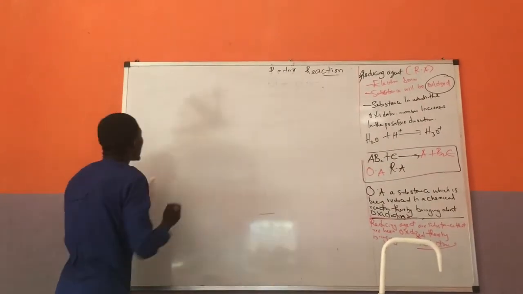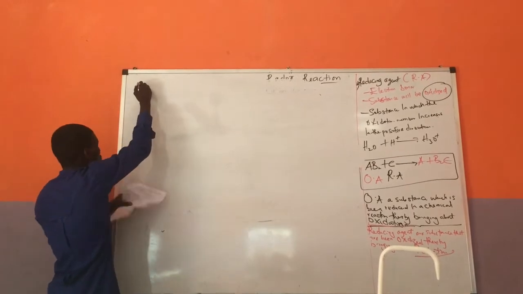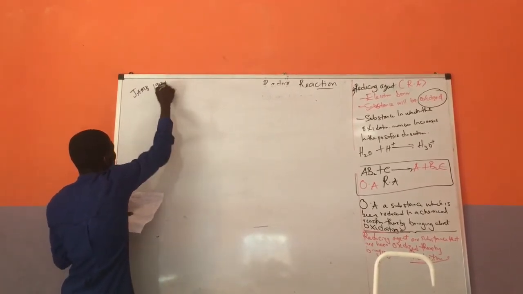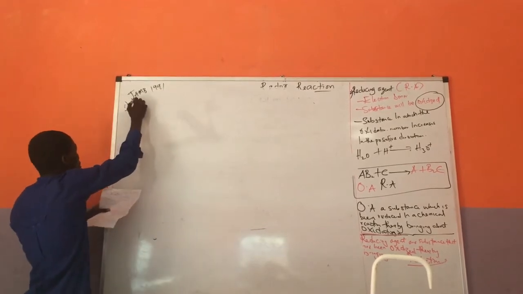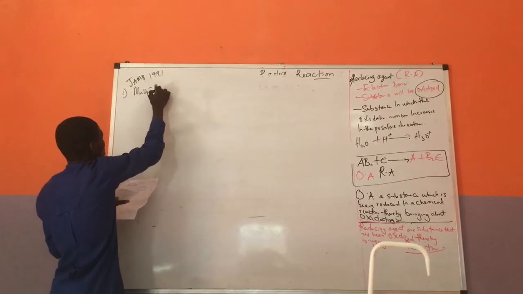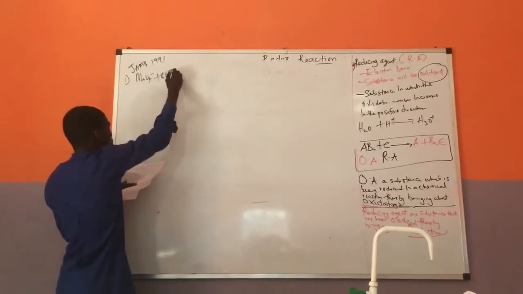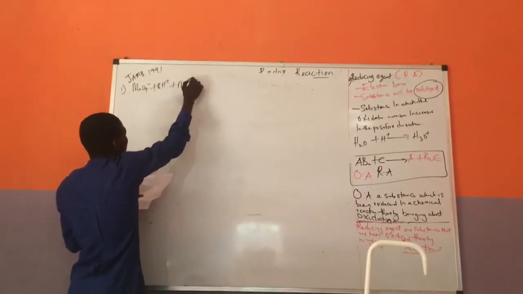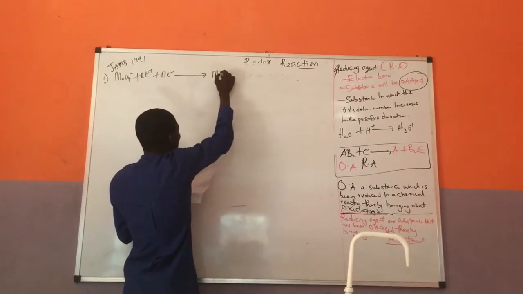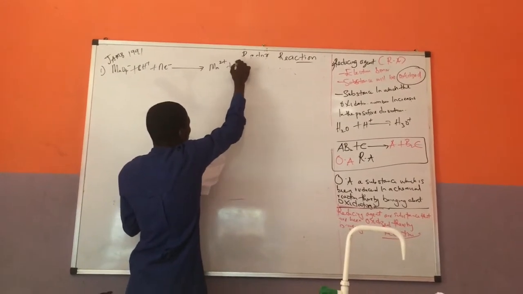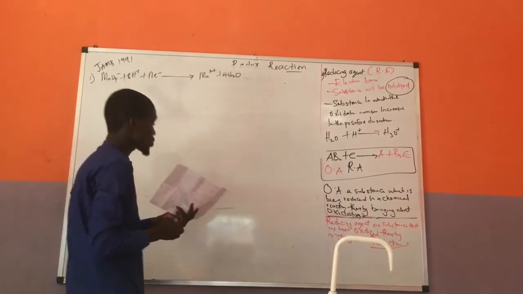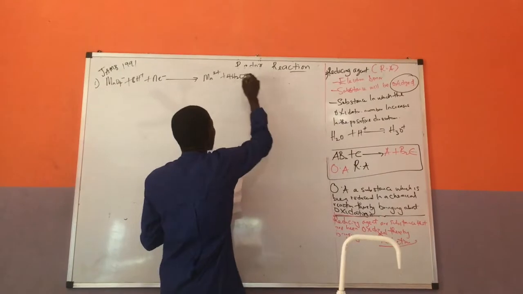This is JAMB 1991. The question states: MnO4 negative, plus this, plus ne, gives Mn2+ plus 4H2O, under the balancing of redox reaction. This looks familiar to what I just solved.